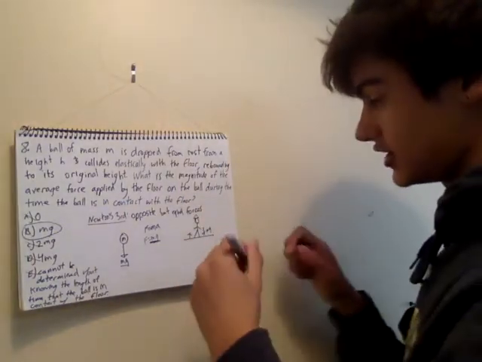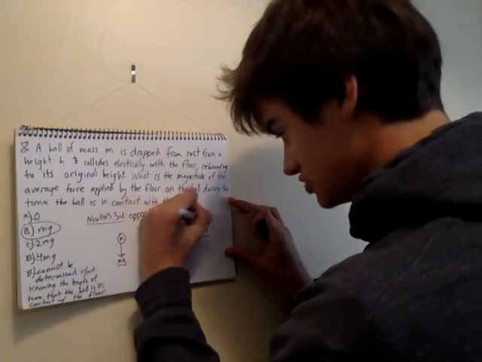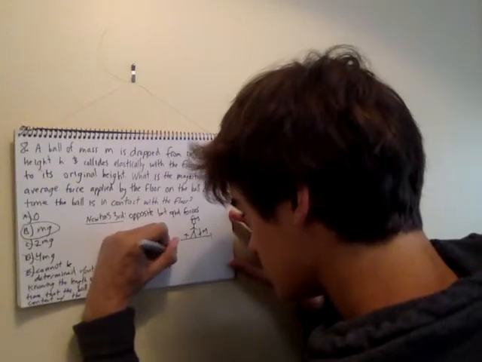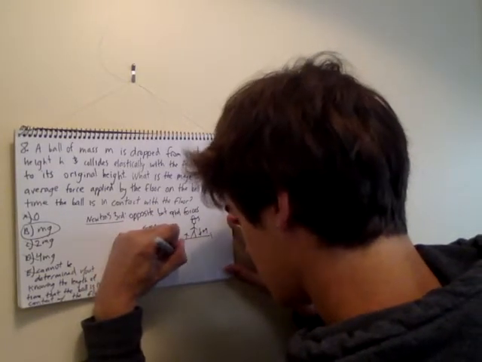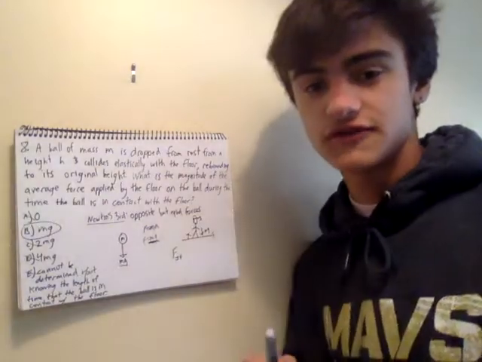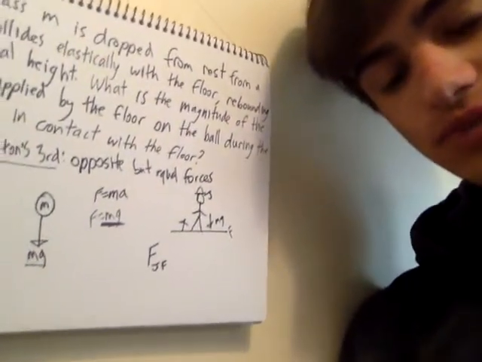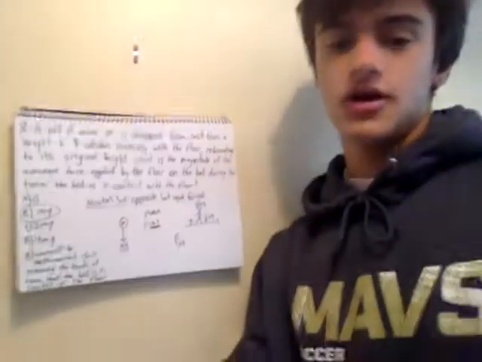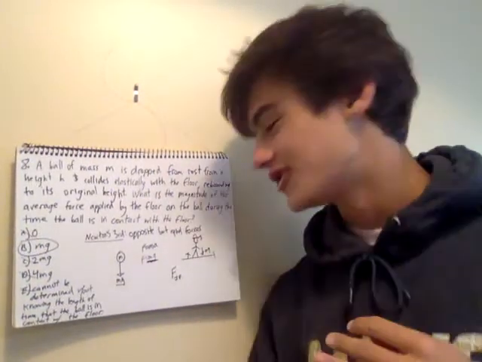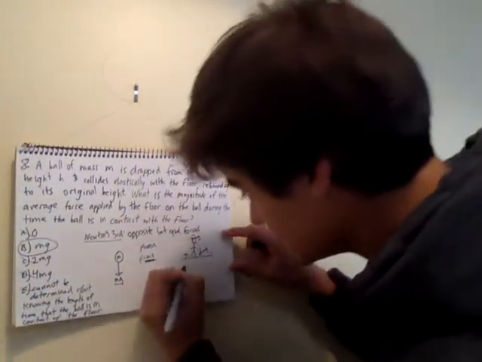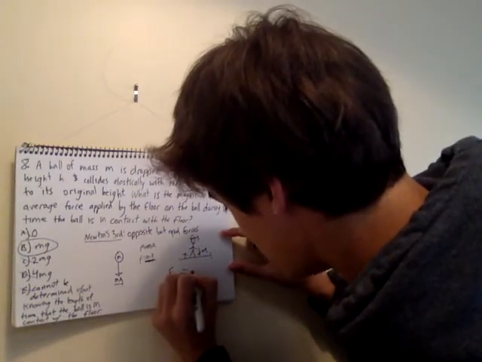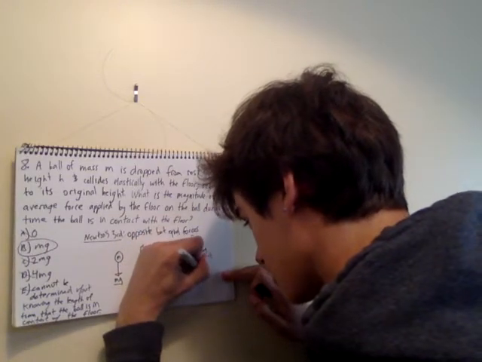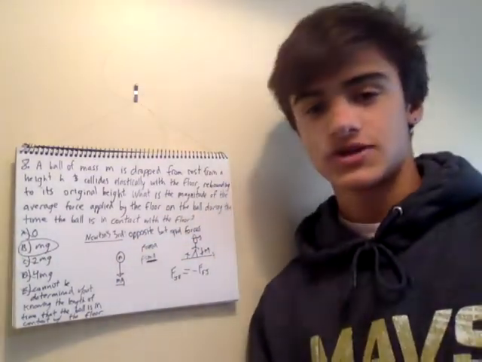So let's call him J, and we'll call the floor F. This is a notation: the first subscript is what's applying the force to the second subscript. So the force of Jimmy John on the floor is equal but opposite to the force that the floor exerts on Jimmy John.